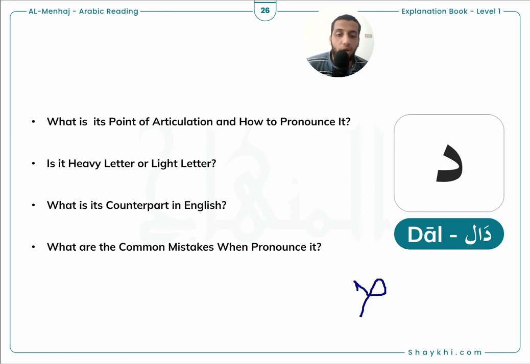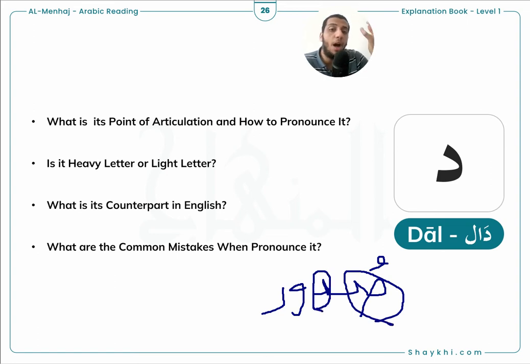The word, try to read this word. Okay, suduri. Now here this is letter sad, and here this is letter dal. Because letter dal comes after letter sad, which is a heavy letter, some people make letter dal a heavy letter.